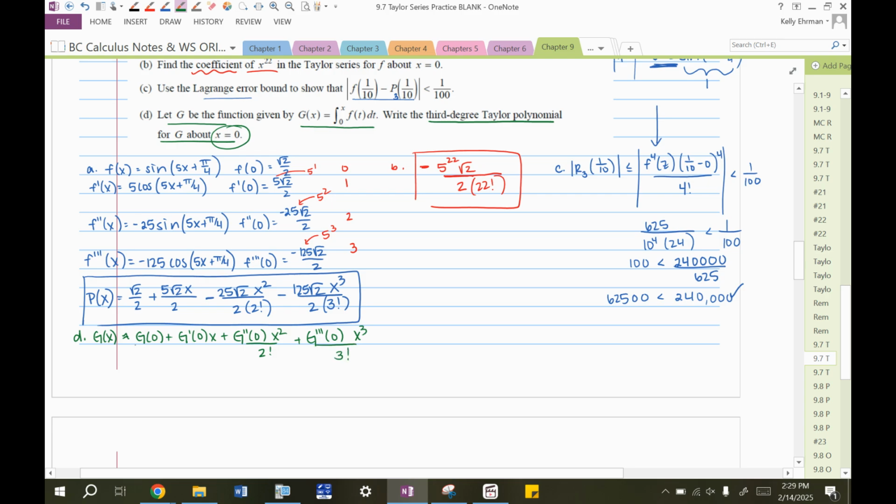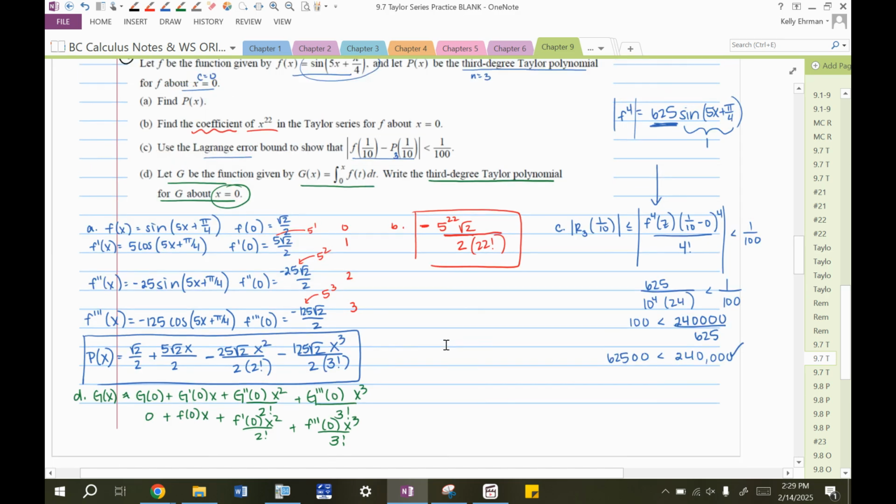G of 0 is the integral from 0 to 0 of whatever, so that's 0. G prime is actually equal to f of 0 times x. G double prime is actually f prime of 0, x squared over 2 factorial. G triple prime is actually f double prime at 0, x cubed over 3 factorial.